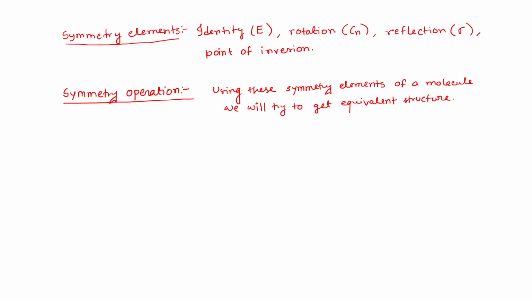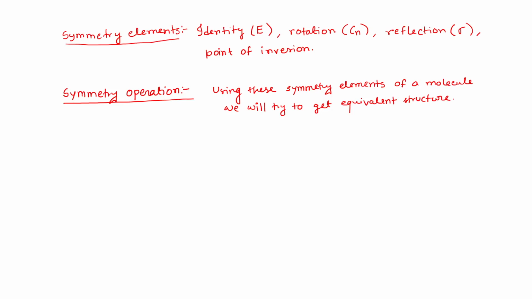There are two hydrogens. When we perform identity operation E, it remains H1 O H2. But suppose I apply C2 along z, then you are going to get H2 O H1, but still the structure remains equivalent. That's the funda of symmetry operation. So we apply the symmetry elements and we get an equivalent structure. Suppose a molecule doesn't have a point of inversion as a symmetry element, then you can't operate it on that molecule.